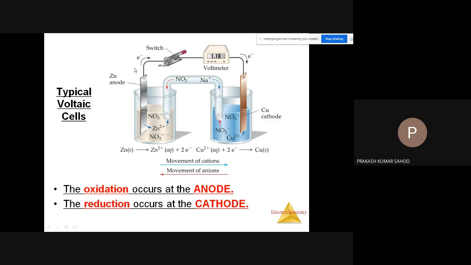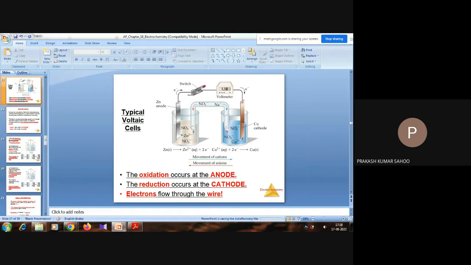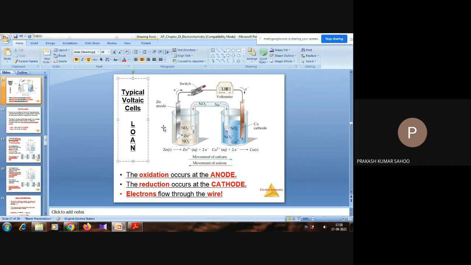Okay, so to remember these things very easily, and not get confused with these notations, that is which is anode, which is cathode, which is negative, which is positive, just remember one line here, I write here, that part is LOAN, loan.